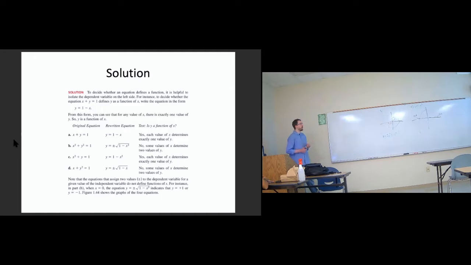I have a question. Both B and D have y squared. So does that mean if you see a y squared, it's not necessarily going to be a function? That's what I was thinking, yeah. Yes and no is the best I can answer that right now. Part of what we could do, and later on we'll see this, is say we're only going to take half of these answers.